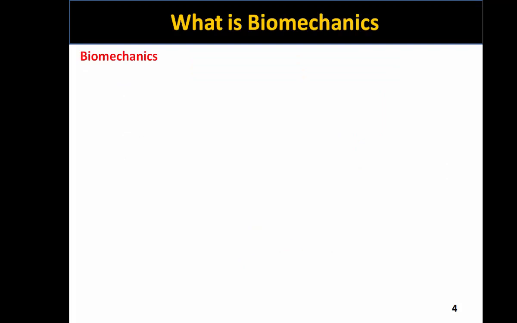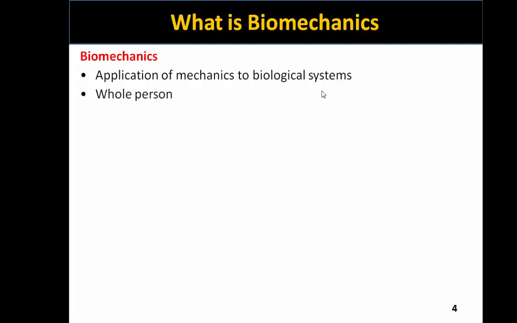So let's pivot back over to biomechanics, and we're going to define biomechanics simply as the mechanics of biological systems. And in this course, we're going to focus for the most part on the human organism and the whole person as the biological system.